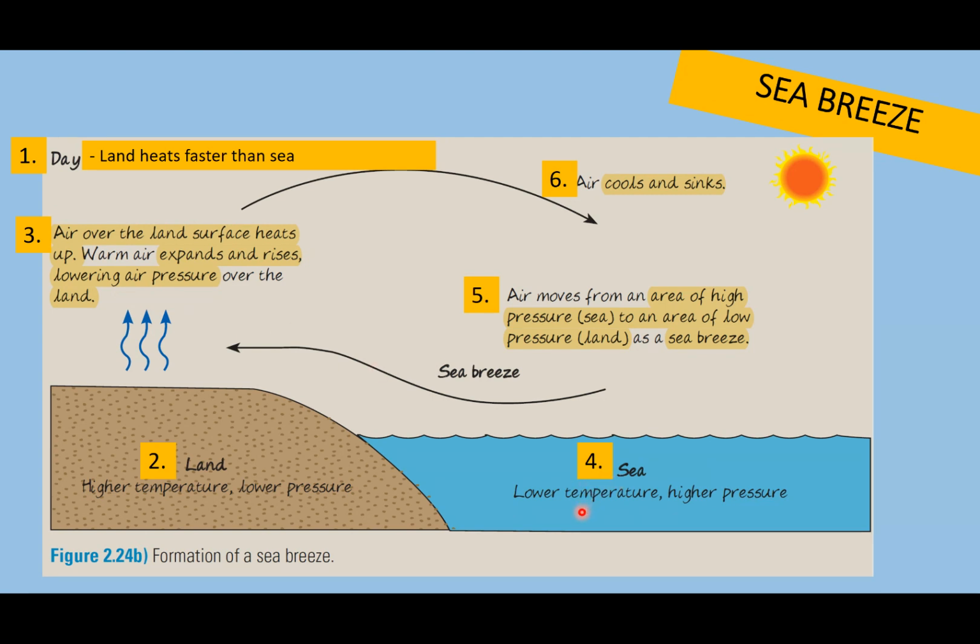Sea is having lower temperature and higher pressure. Air moves from an area of high pressure, which is the sea, to an area of low pressure, which is the land, as a sea breeze. So it blows from the sea to land. Air cools and sinks.